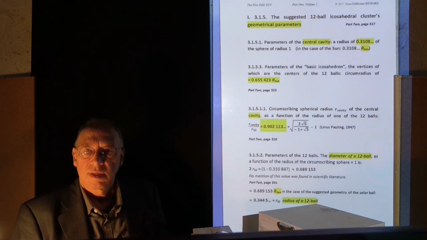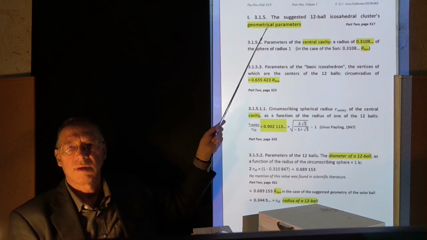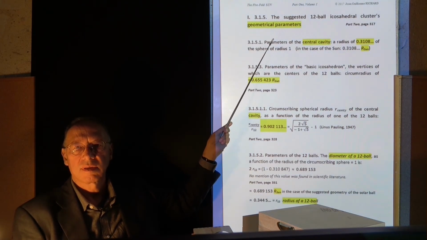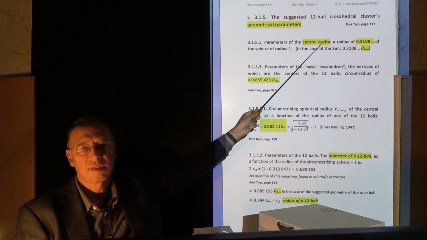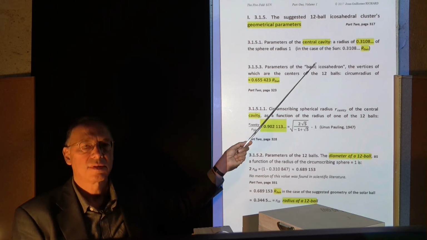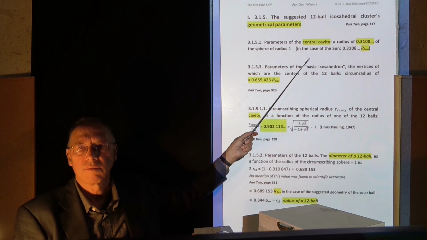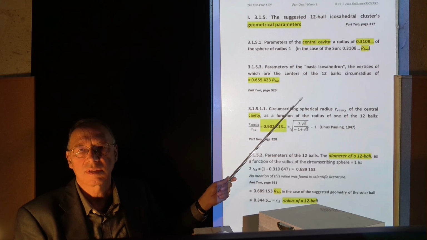The suggested 12-ball icosahedral cluster's geometrical parameters are defined by the radius of a central cavity. Again, it is 0.3108, etc. If this was the case in the Sun, we would have a radius of this radius fraction inside the Sun.